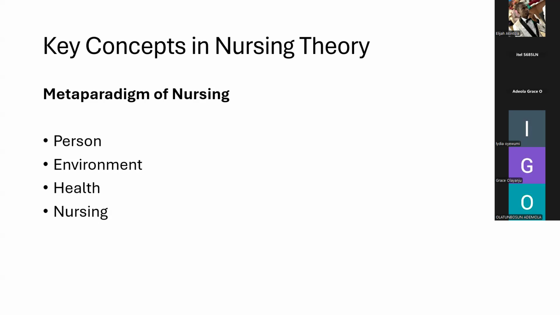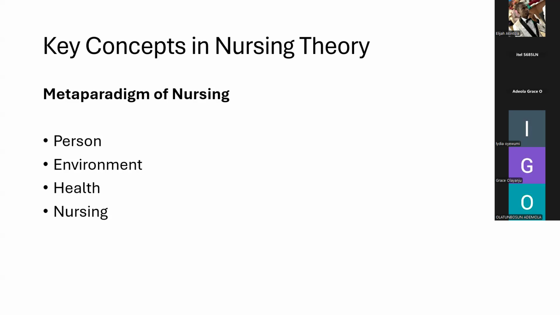They proposed that we should include social justice as part of the meta paradigm, but that did not fly, it was not agreed by the scholars. Anyways, for now, we have the four meta paradigms: the person, environment, health, and nursing.